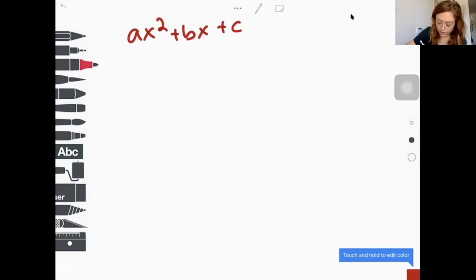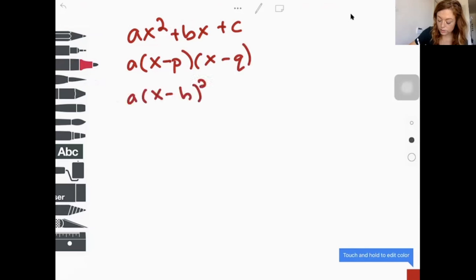Factored form looks like a times x minus p times x minus q, and then our vertex form is a times x minus h squared plus k. All right, so those are our major forms. So we have to keep all those in mind.